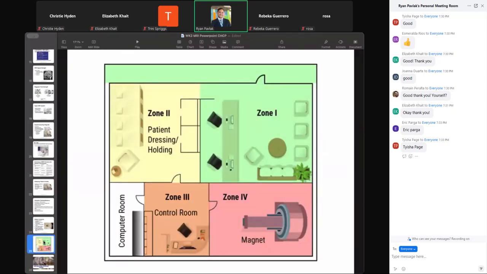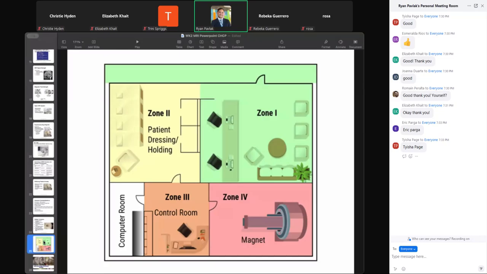Now, the other thing that I have added over the course of the last few years, the different zones are a big thing with MRI now. So zone 1 just means that it's freely open to the public. Zone 2 is typically between one stop gate, maybe taking you back into a patient dressing area or a holding area behind one closed door.